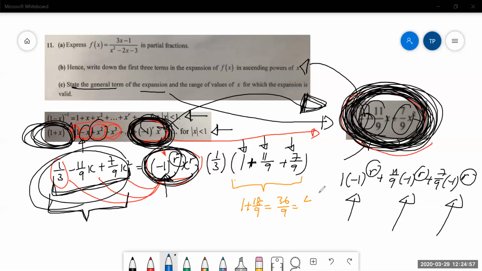Number 3 to the power of r. Wait, hold on. Okay, I think if I were to explain this further, I might confuse you.